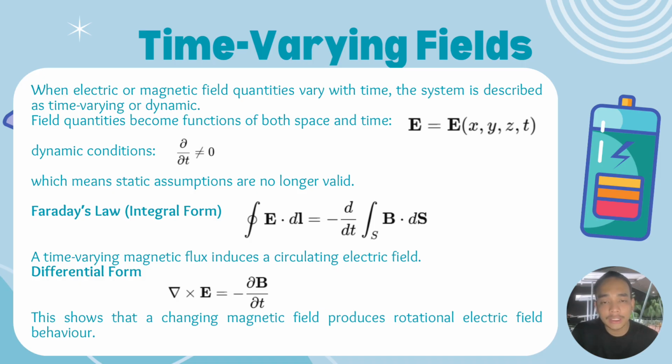Faraday's law in integral form states the closed line integral of E dot dl equals negative rate of change of magnetic flux. In differential form, del cross E equals negative partial B over partial t. This shows that a changing magnetic field produces an electric field.